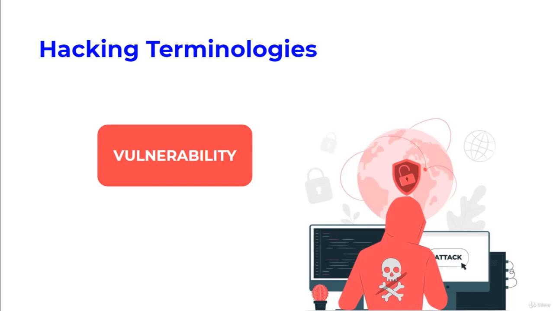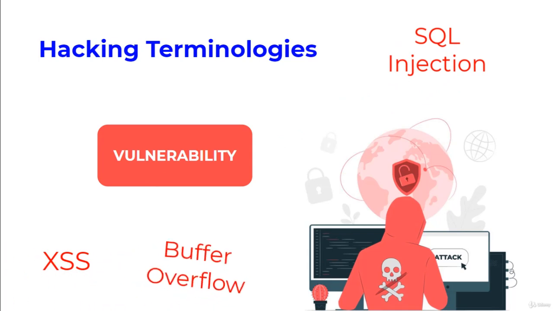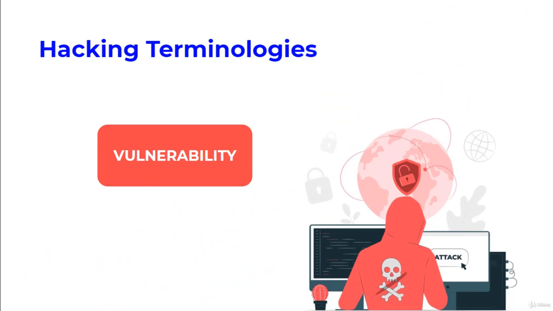To exploit a vulnerability, an attacker must be able to connect to the computer system. Vulnerability examples are cross-site scripting, SQL injection, buffer overflows, and others. We are going to see all these in our next sections.